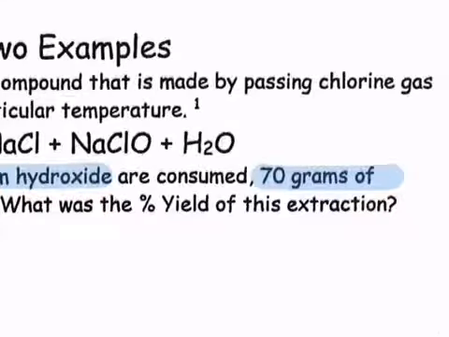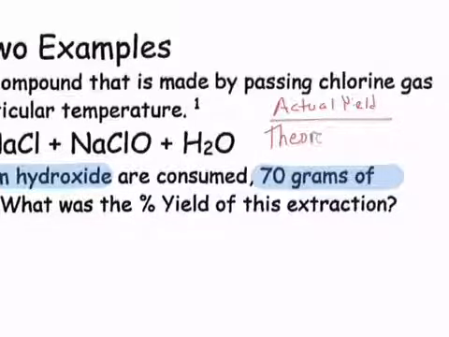It's our actual yield, and you might have this in your notes, divided by our theoretical yield, times 100.